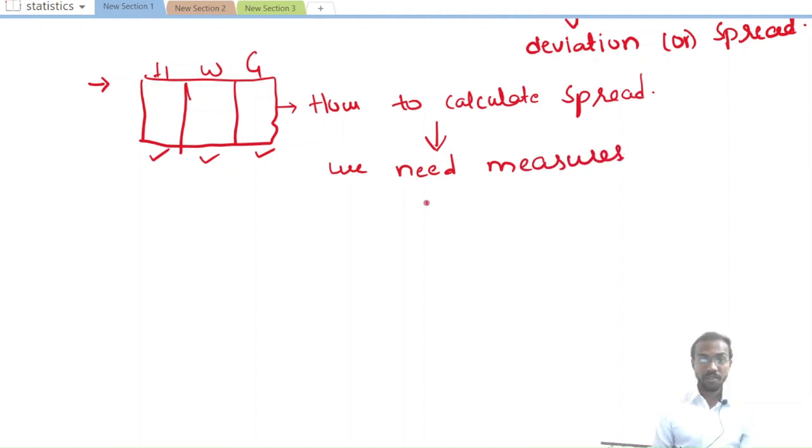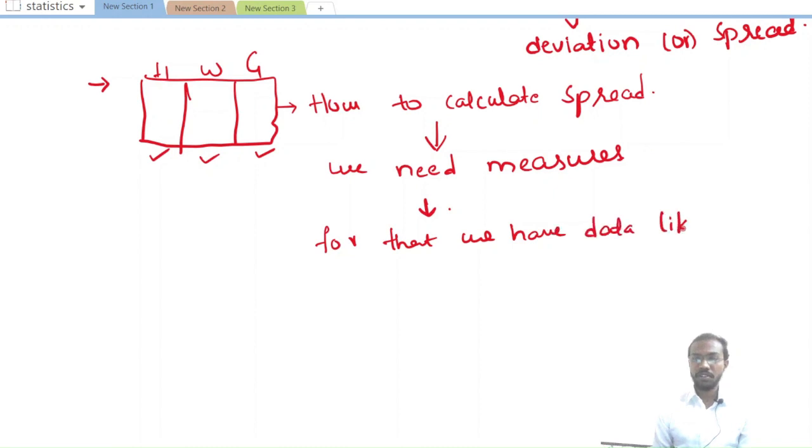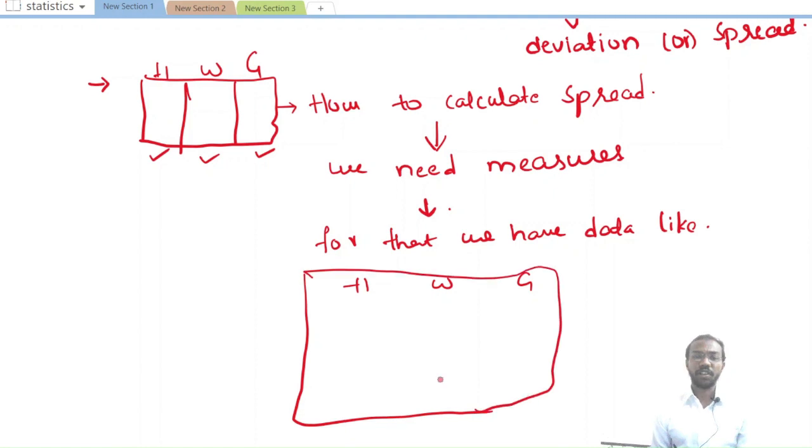For that, we have data like height column, weight column and gender column. At a time we calculate only one column, so that's why I take the height column.